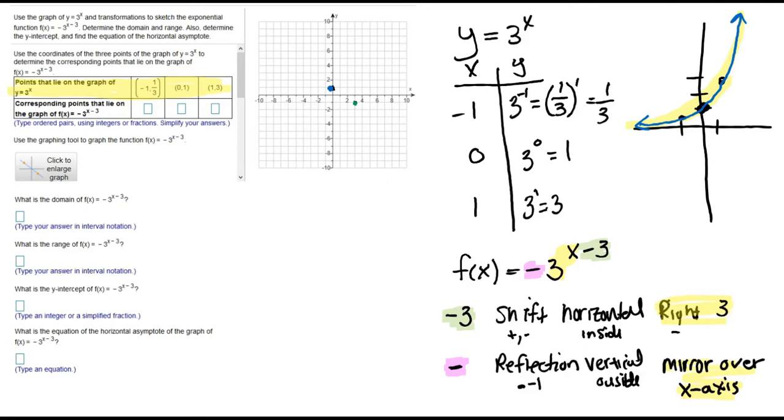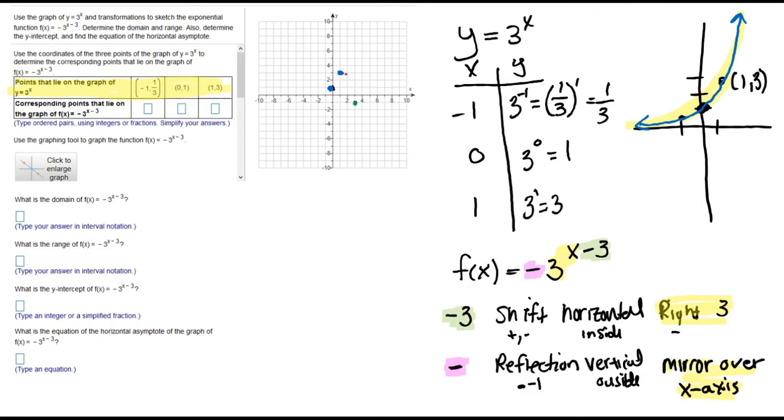Okay, now then we'll do this point right here. This point is 1, 3. We want to move that to the right 3. So we start at 1, 3. We're going to move it to the right 3.